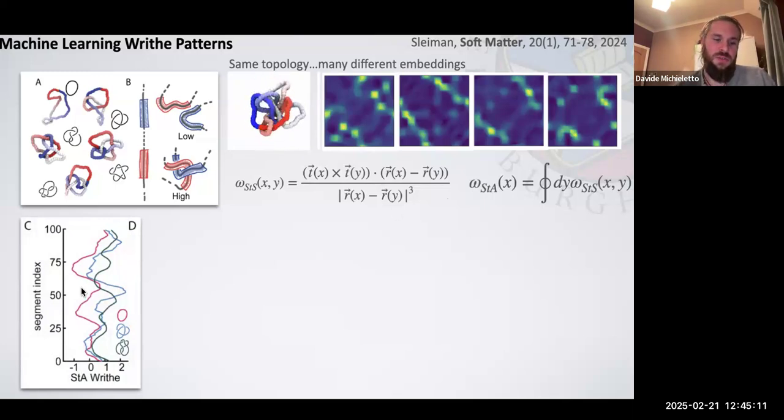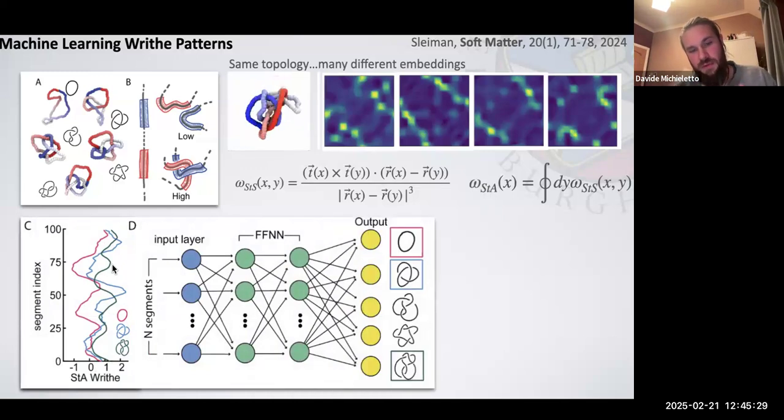I'll just flip this STA writhe because it's easier to see in the next slide. On the y-axis I have segments, on the x-axis I have this STA writhe, and I have different patterns for different topologies, as you can see. Now we pass these patterns to our neural network. The input layer is the number of beads in that knot.